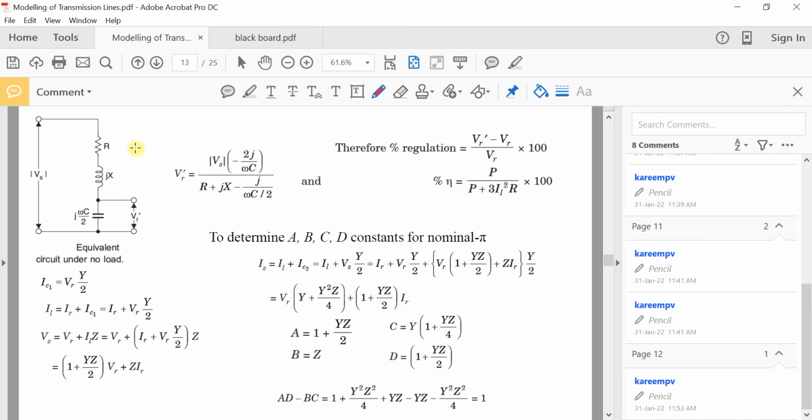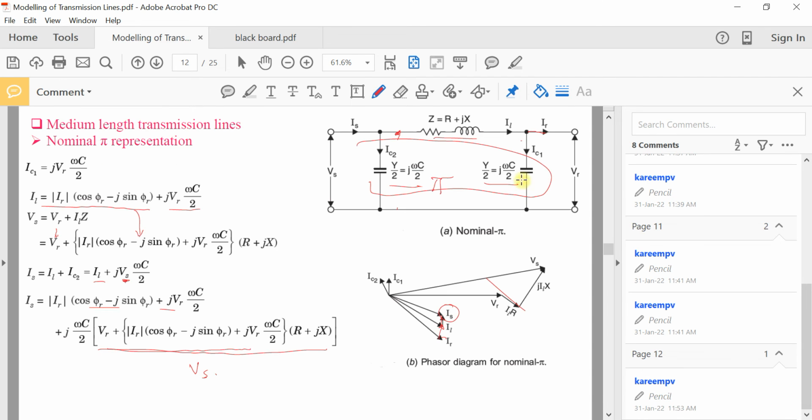So this will be the equivalent circuit of the nominal pi representation when there is no load on the transmission line. Actually our aim is to find the magnitude of the terminal voltage when there is no load on the transmission line. Only the charging current will be there. So this is the impedance Z, and this is the capacitance connected here.